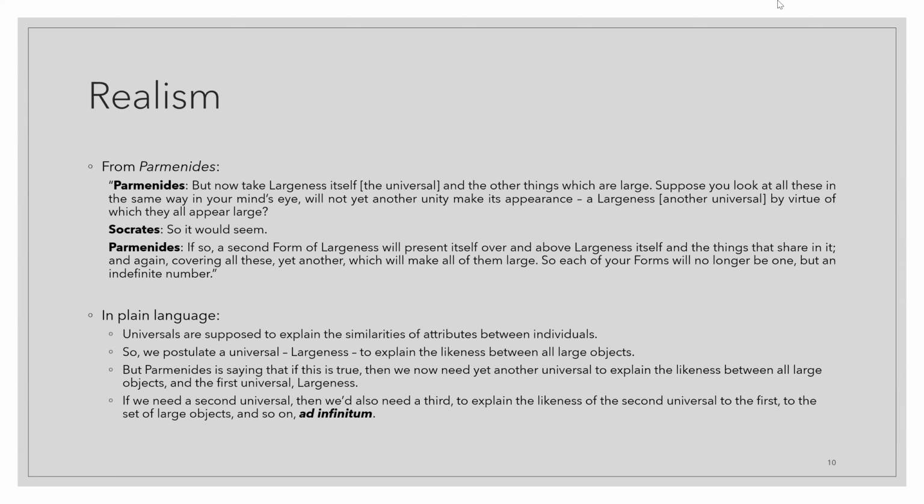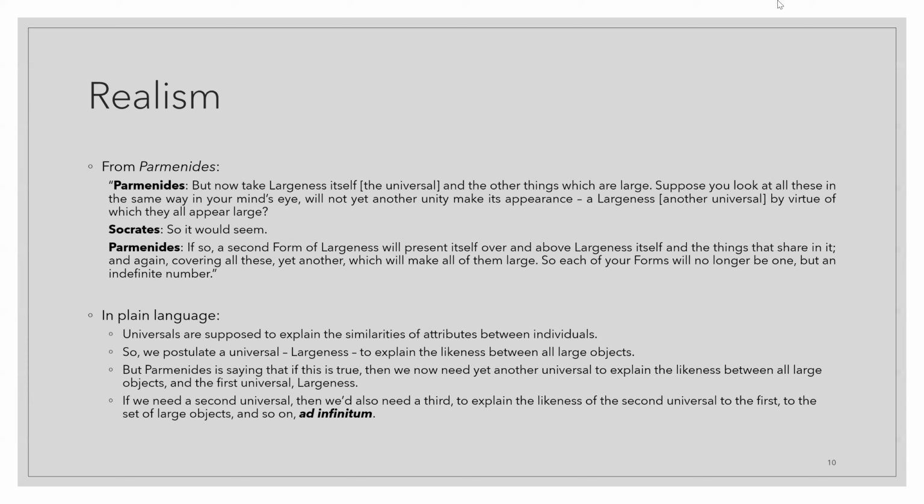So, what does that mean in simple terms? Well, the universal is used to explain the attribute agreement between these two large individuals. So we've got our universal of largeness to explain the likeness that all large objects have with one another. But Parmenides is saying, now if you're going to have this one form of largeness to explain the attribute agreement between all large objects, you need a second form to explain the agreement between the form of largeness and all the large objects.